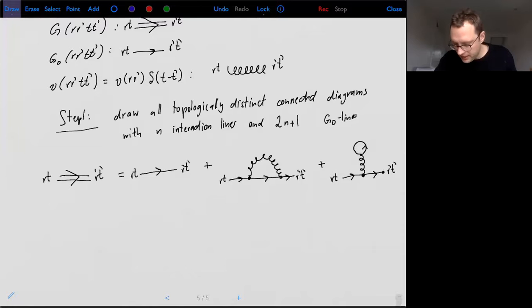So this is a diagram that has 1 interaction line and 3 Green's function lines. So these are the lowest order diagrams in the interaction, n equals 1.